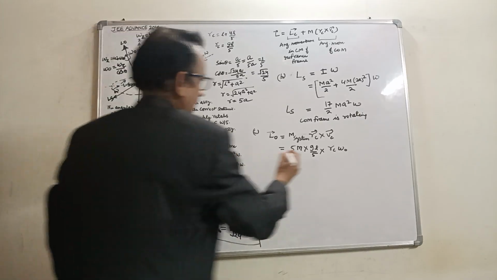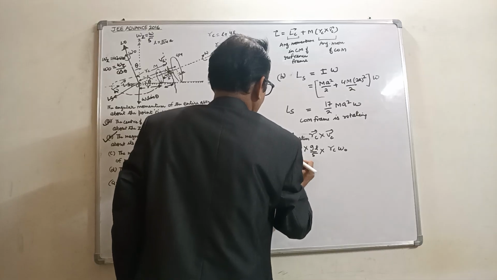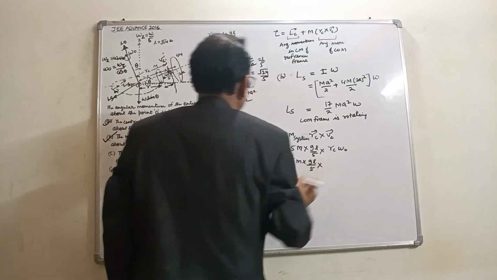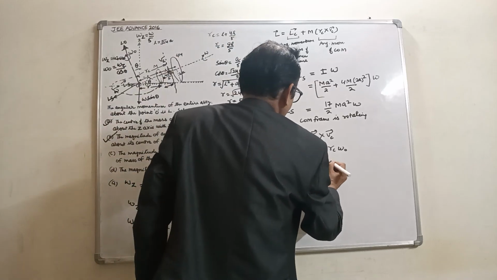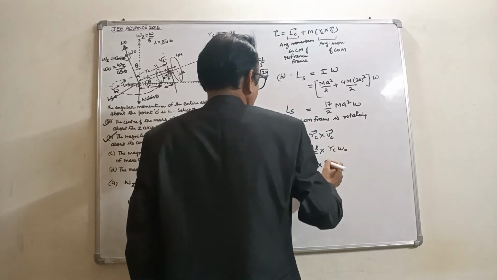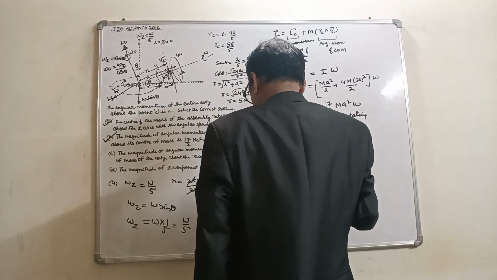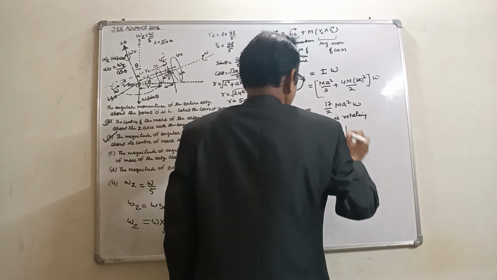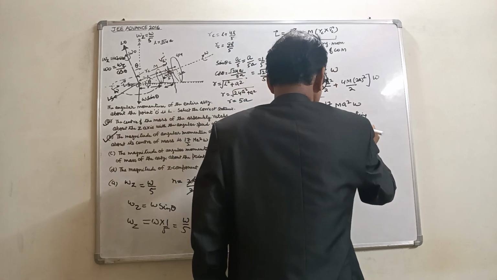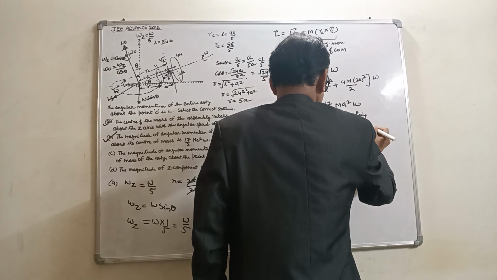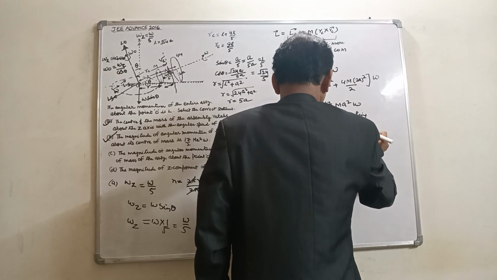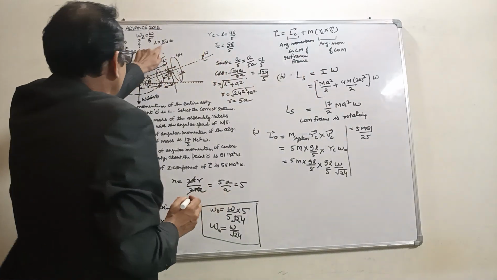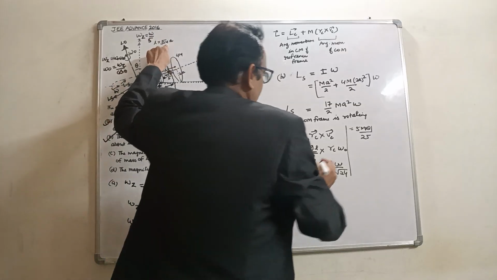So we write here 5m into 9L by 5 into RC. RC is 9L by 5 and omega naught. Omega naught is omega by root 24. So we solve here 5m, 81 by 25 and L square. What is the value of L square? This is root 24a square.